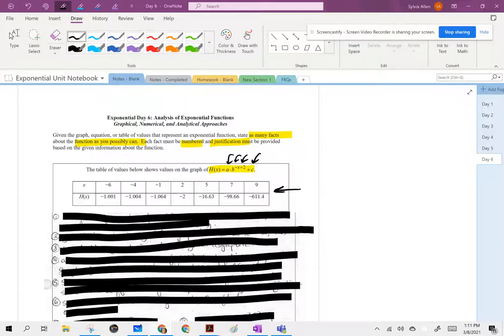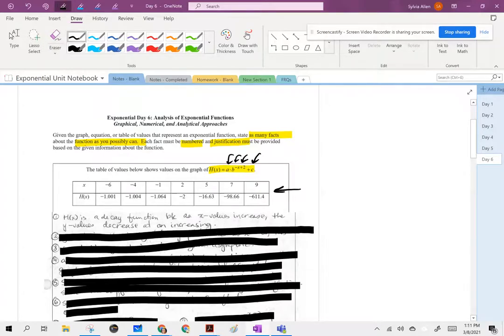Okay, so let's see if you were able to come up with as many of these as possible. Number one, and not in any particular order either, we should be able to conclude that this is a decay function. Because as the x values increase, the y values decrease.